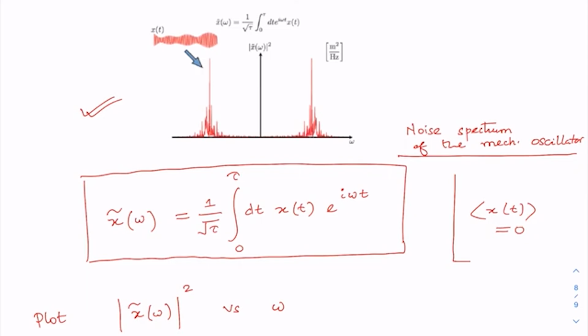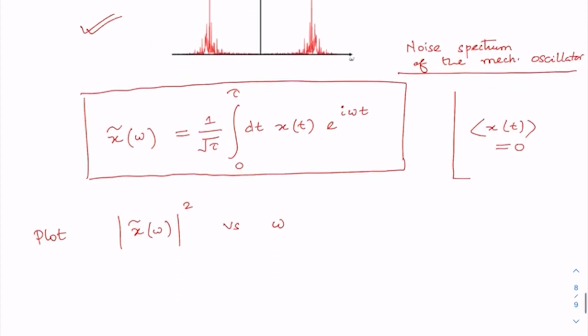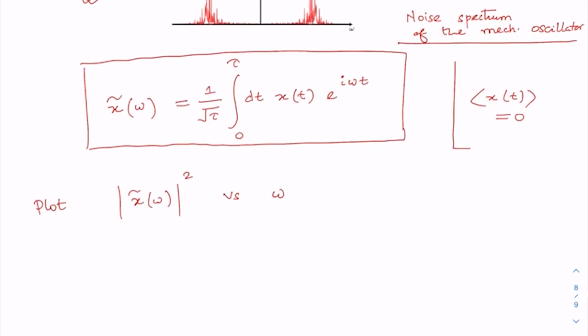However, in the laboratory we will make a series of measurements, not just one measurement. So we need to take the average of many such spectrums, and it means that it is better to take this x tilde of omega mod square, and then take the average and plot this averaged quantity versus the frequency.